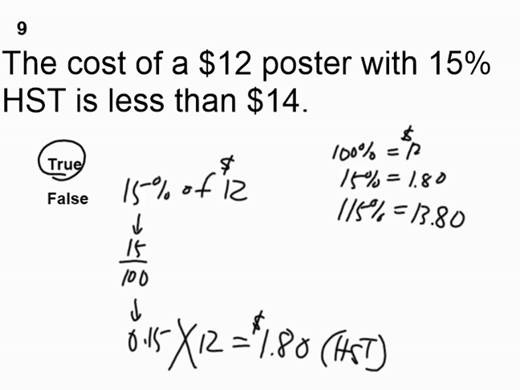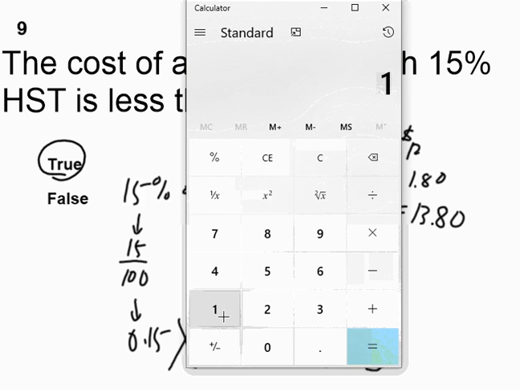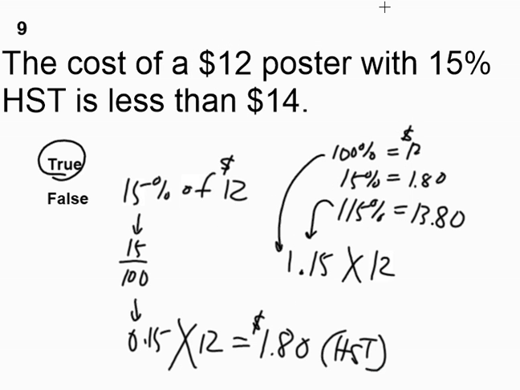So instead of doing it this way, 100% is multiplying it by 1. 15% is the decimal 1.5. So instead of doing it in 2 steps, if I took that 115% of $12, I would get my answer of $13.80 in 1 step rather than 2.